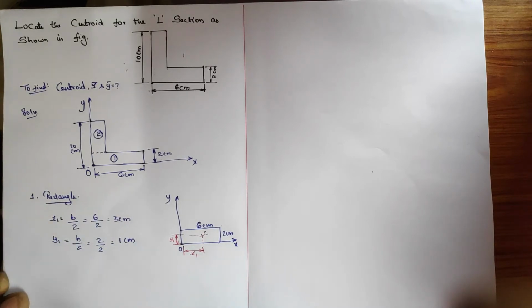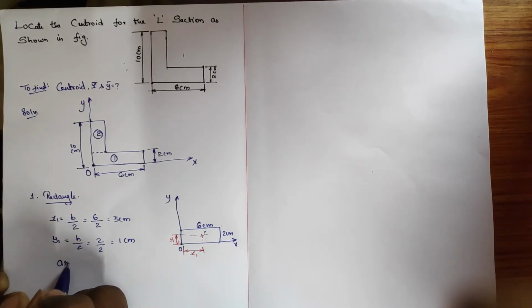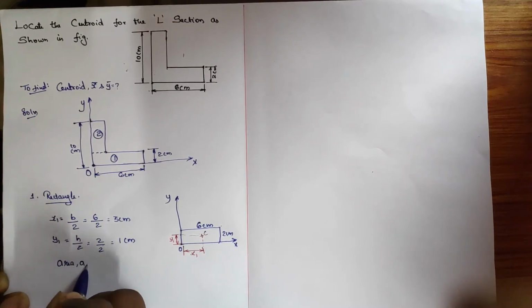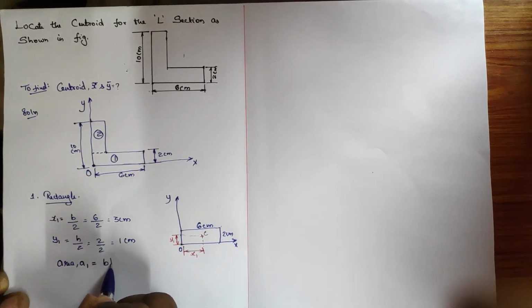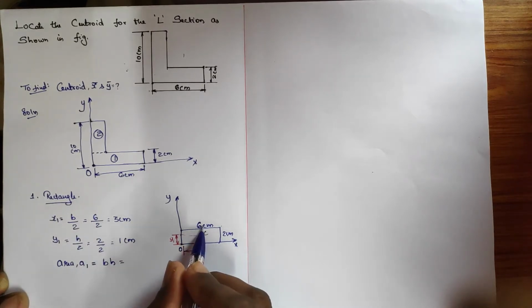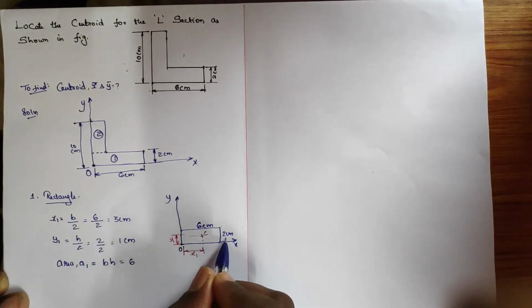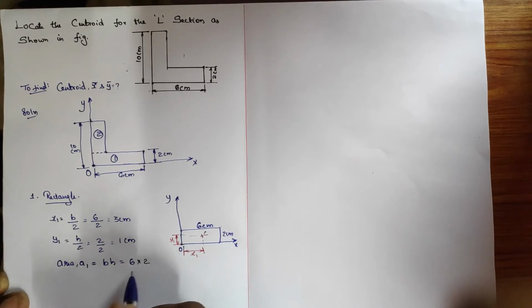Afterwards, for this first rectangle, we need to find the area, which is A1. I am going to denote it as small letter a1. What about the formula for the area? Length into breadth for the rectangle, b into h. So b is 6 and h is 2.